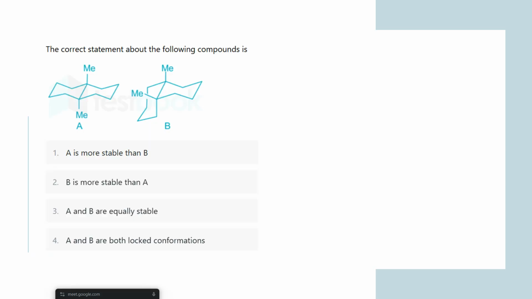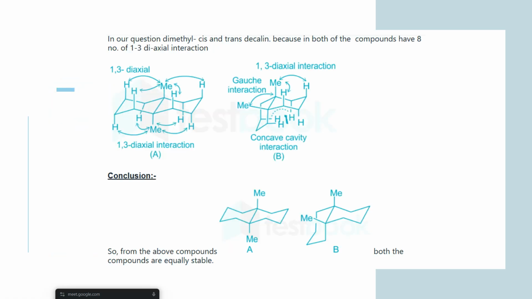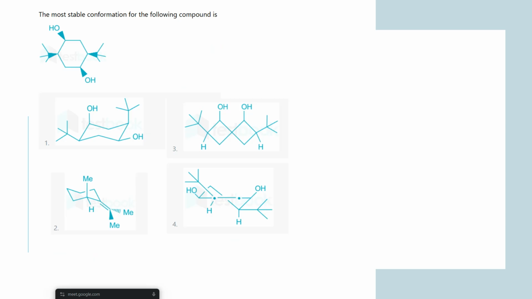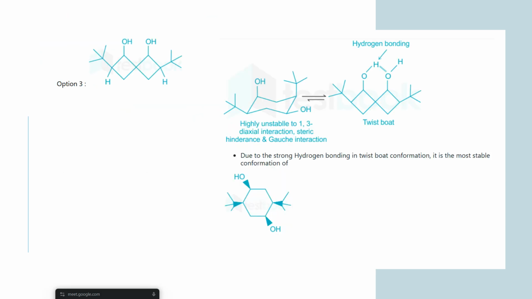Then we also compared the energies of trans and cis decalin, and we figured out that both of these have an equal number of 1,3-diaxial interactions. Then we talked about the most stable conformation of this given molecule, and we saw that despite having a twist boat conformation, option 3 had the minimum energy because of intramolecular hydrogen bonding.